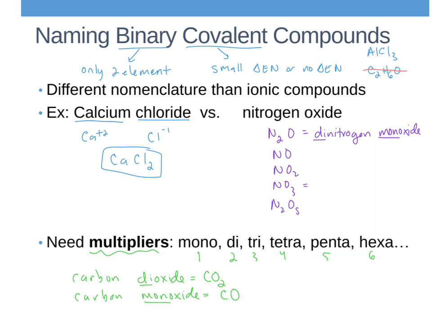Skipping down to this one, this would be nitrogen, and then there's 3 oxygens, so trioxide. Now I have 2 different names for 2 different nitrogen oxide species. If I mean this one, I call it nitrogen trioxide, and everyone knows I'm talking about NO3. Or if I want to talk about N2O, I call it dinitrogen monoxide. I won't name all the rest, but you can probably figure them out on your own after watching this video.